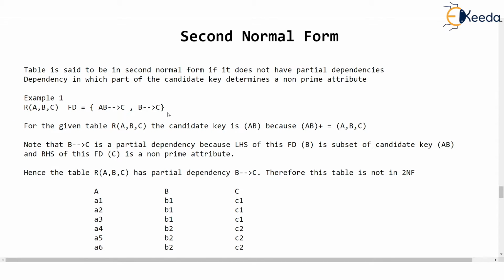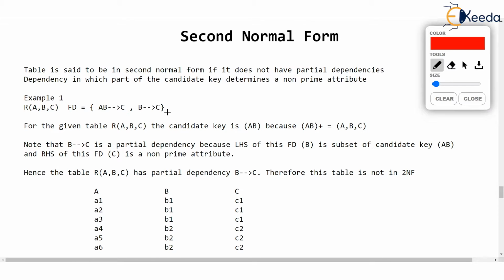What other attributes it might contain, we don't know, but the candidate key cannot be without A and B, because A and B are never on the right hand side of any FD. So first we check whether AB is the candidate key, by finding the AB closure.